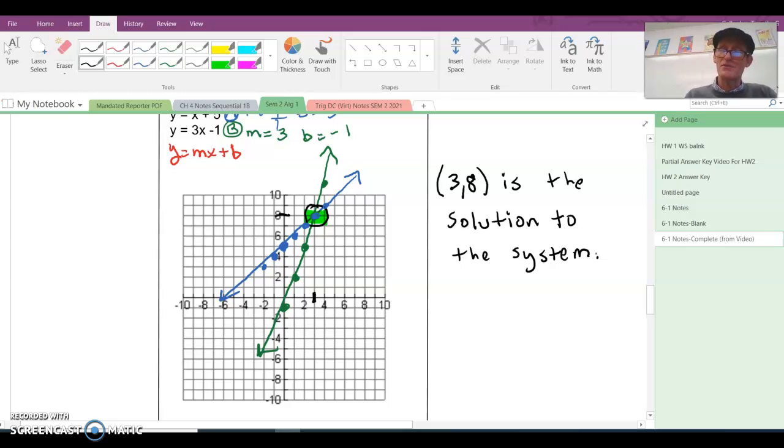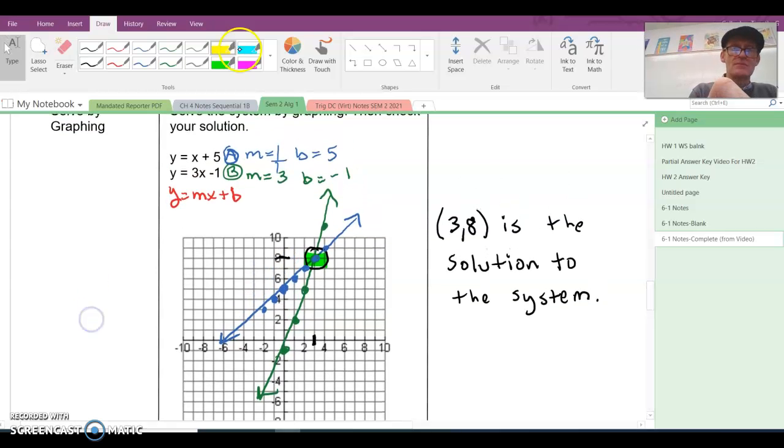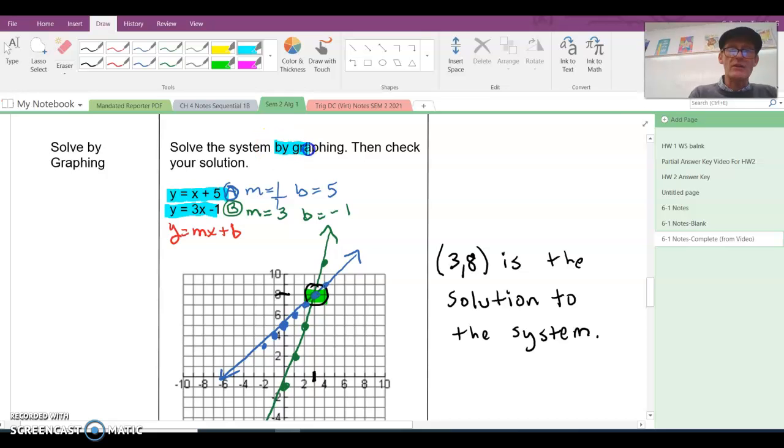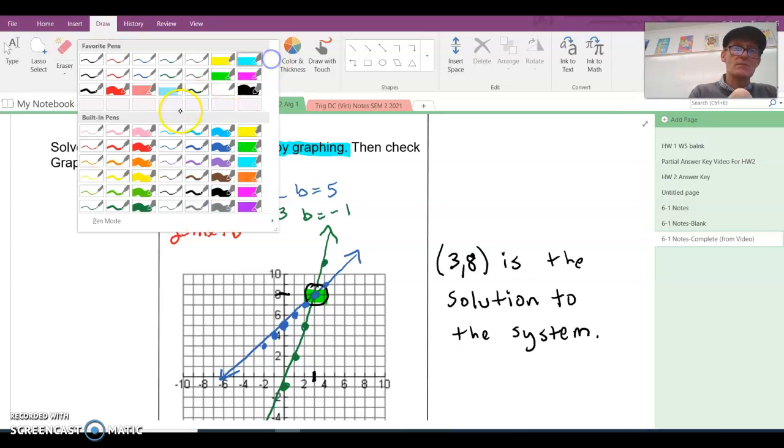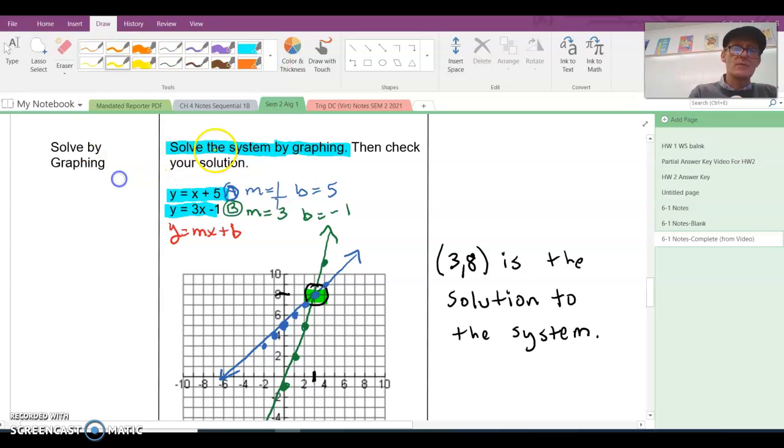Okay, so that's what you have to do to solve this system of equations, which is two equations, by graphing. So solve the system, and the system is these two equations.